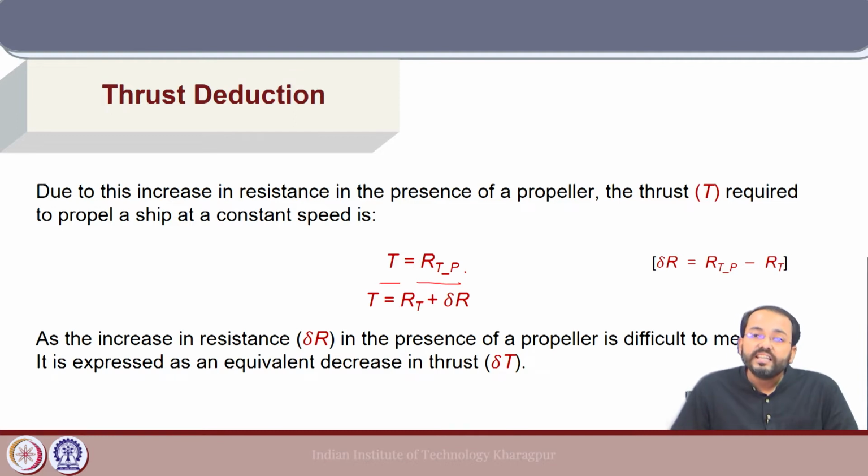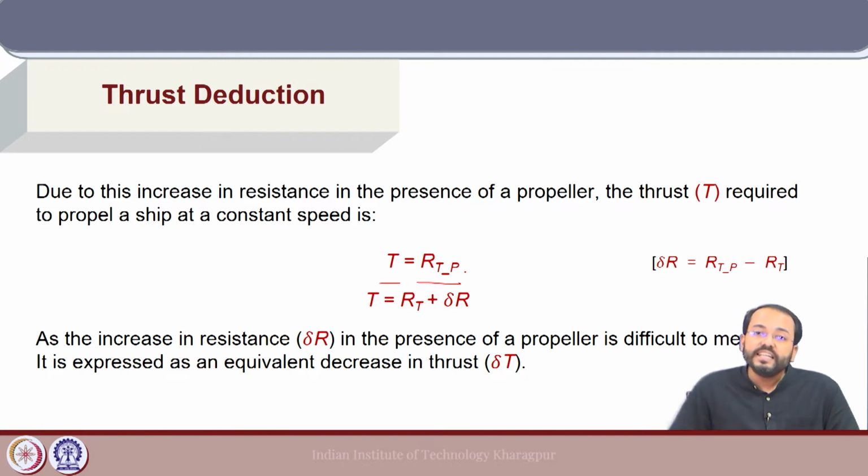Now, it is very difficult to calculate or measure this added resistance due to the presence of propeller. So, what we do for a practical purpose is we express it as an equivalent increase of thrust.